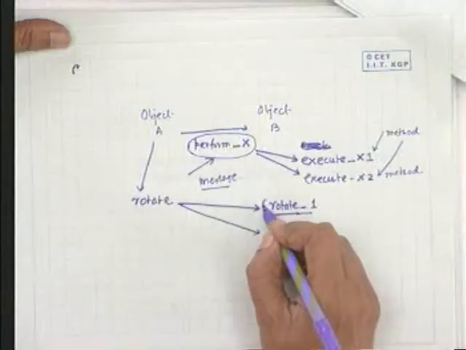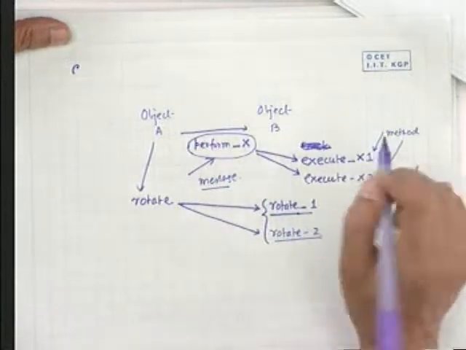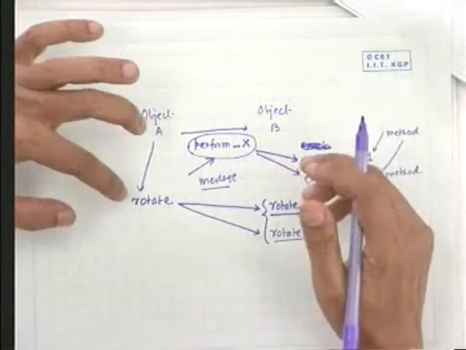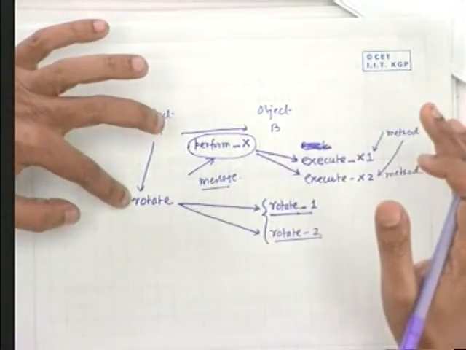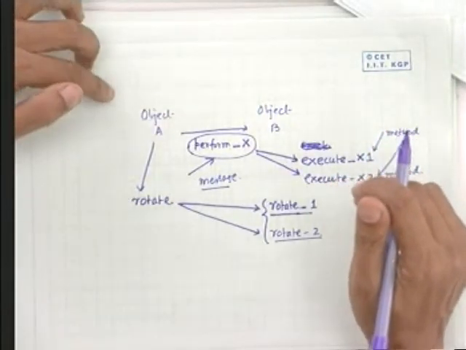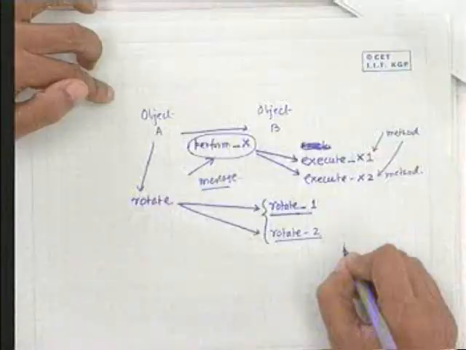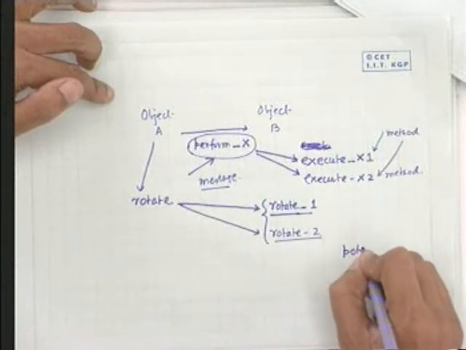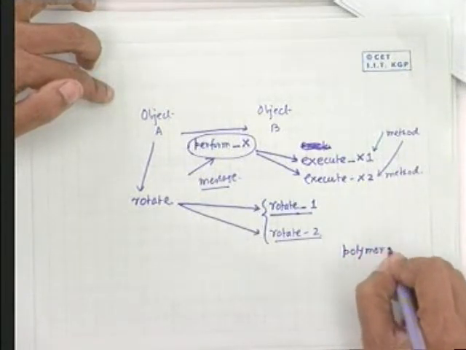This is what we will see later on. What we are saying here is that with a message, multiple methods can be associated, and we have to resolve which particular method is to be executed in a given case. This is linked with the concept of polymorphism, which we'll elaborate later on.